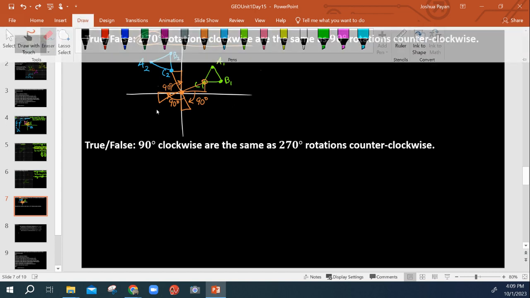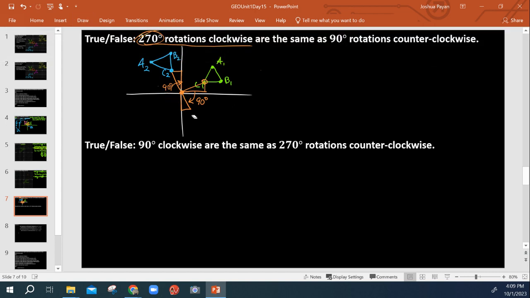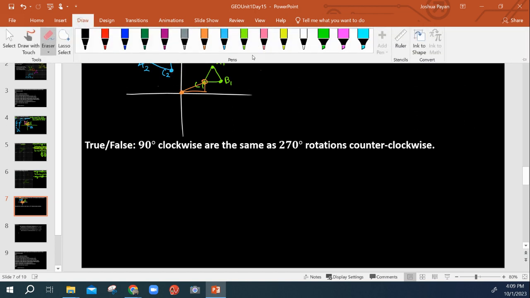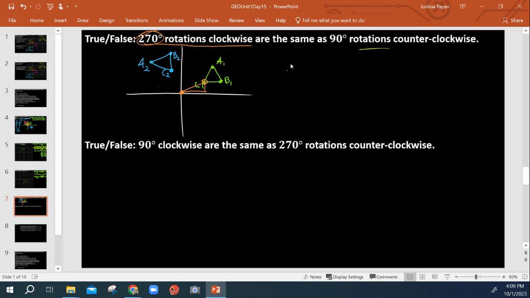Okay, so now let's see the actual experimental part of this. So now I'm going to take this original right triangle and I'm going to rotate it like the conclusion says instead. I'm going to say 90 degrees counterclockwise. So I'm going from here 90 degrees counterclockwise. Okay, so that would be 90 degrees counterclockwise.